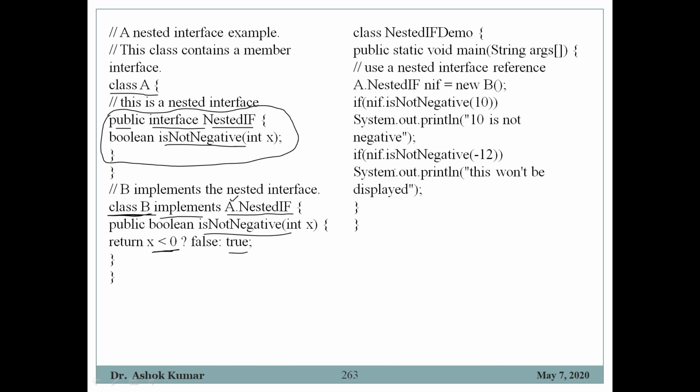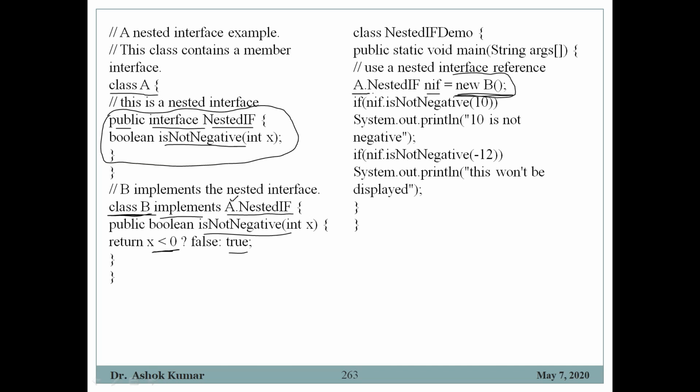Now how we can use it? So as we discussed earlier, if you create the object of a class that is implementing an interface, over here we are creating the object of B class, then that object can be referred by a reference of type interface.